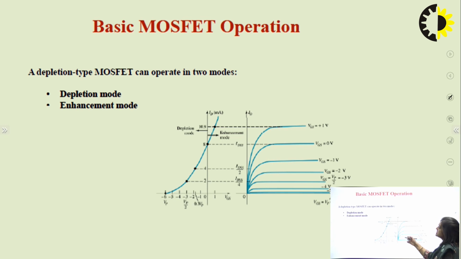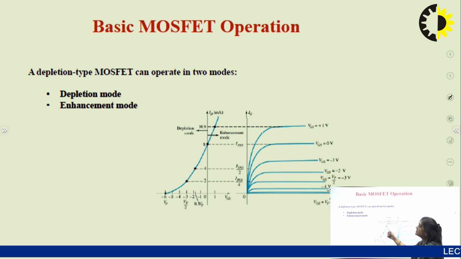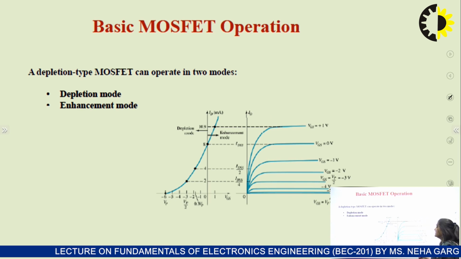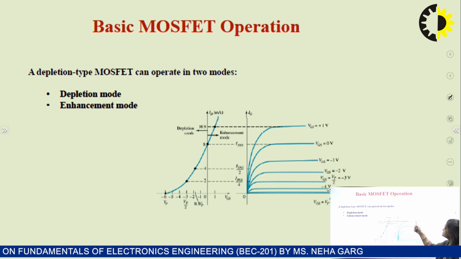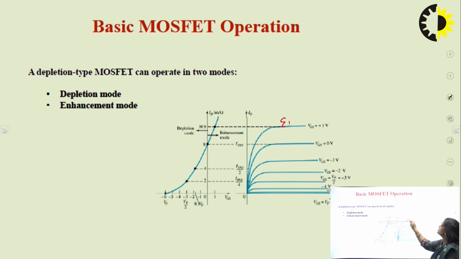So here these are the graphs: this is the drain characteristics curve and this is the transfer characteristics curve. Drain characteristics curve is always plotted in between ID and VDS, keeping VGS constant, and transfer characteristics curve is always plotted in between ID and VGS. So this is for the N channel, and here we can see this VGS 0, IDSS current is there, and for VGS plus, this is the enhancement mode.